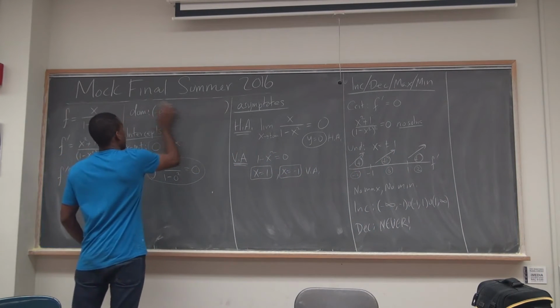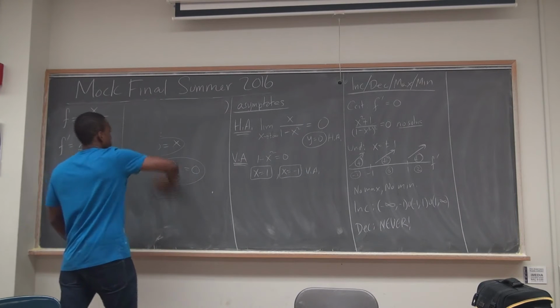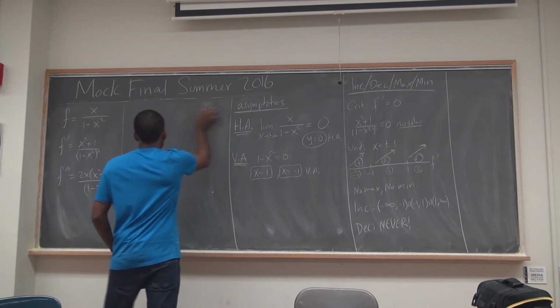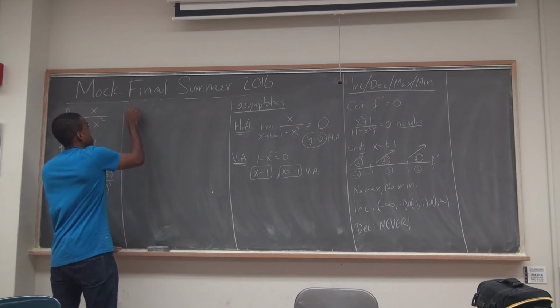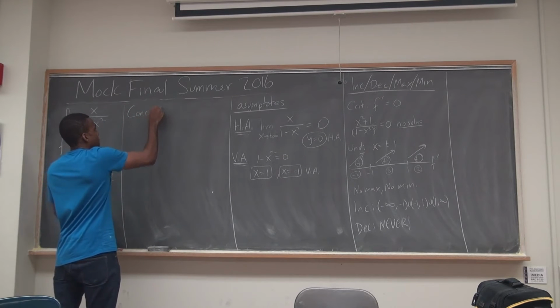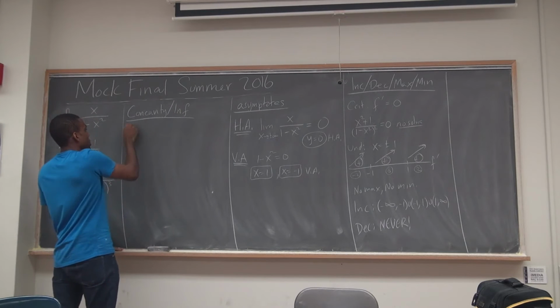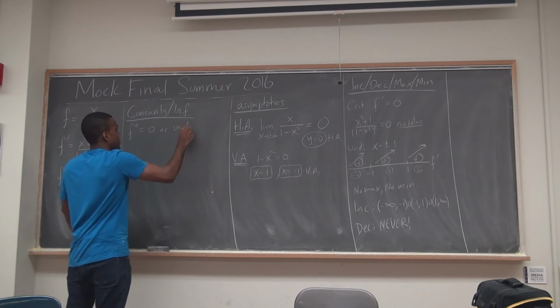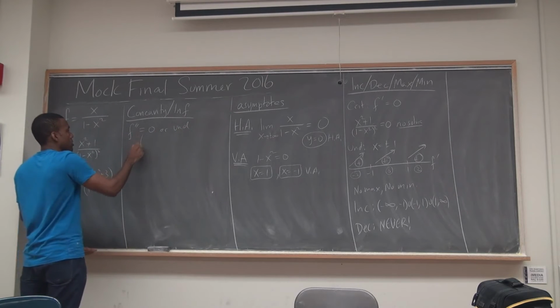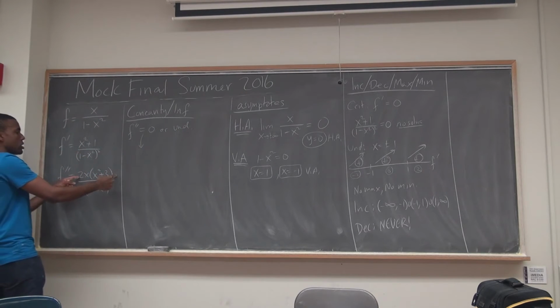Now we go over here to find concavity and inflection points if there are any. So here we're going to look at the second derivative, 0 or undefined. Notice that for it to be 0, it's a fraction, so the top has to be 0.